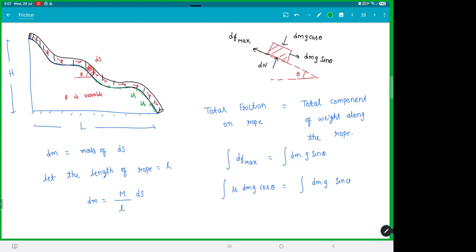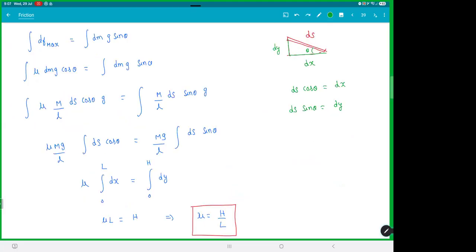So all these frictional forces must be equal to all these mg sine thetas. Integrate them. Then we got dm is total mass by total L. Remember, I don't know m, I don't know L, but they will cancel out. And ds cos theta becomes dx and ds sine theta becomes dy, and you're done. All clear with this?